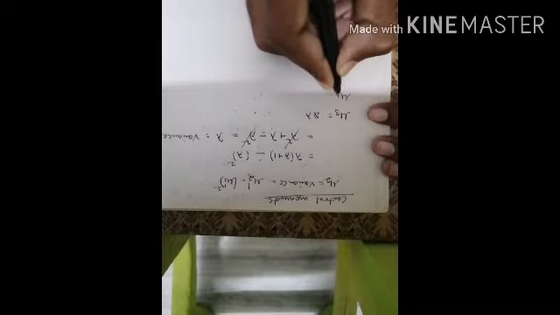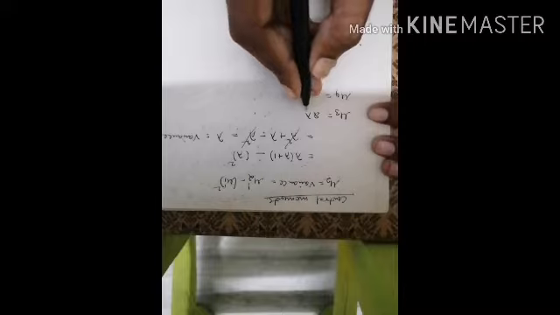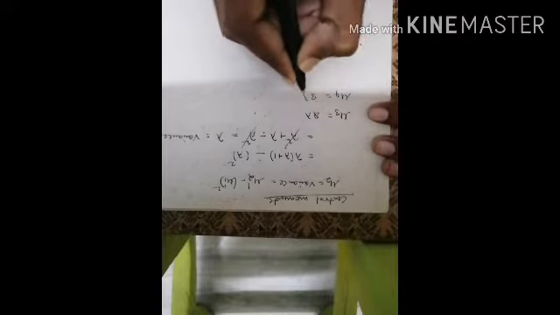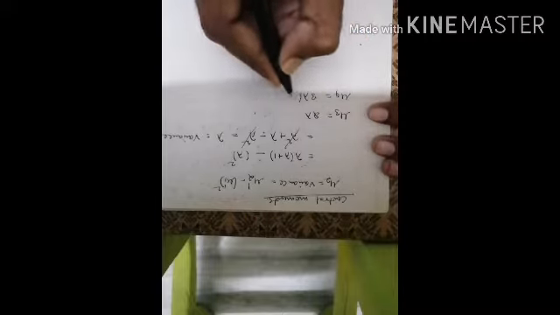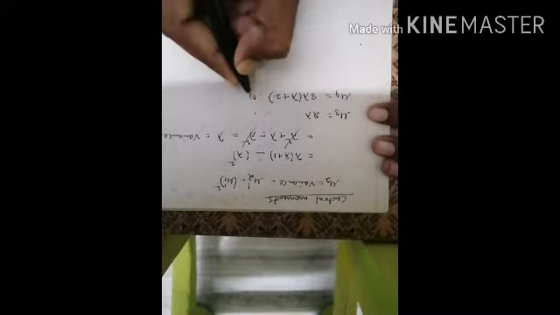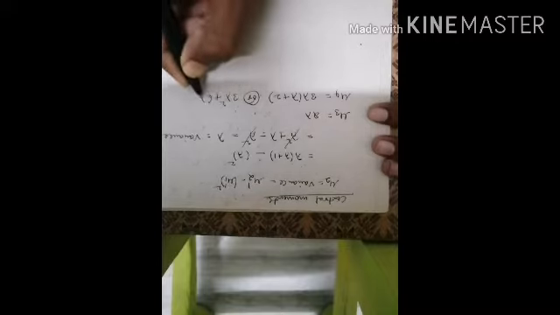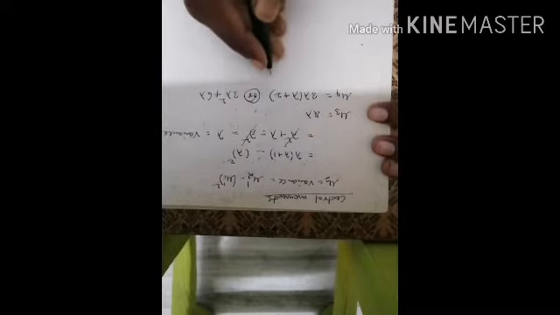And mu 4, the fourth central moment is, you are getting 3 lambda of lambda plus 2, or 3 lambda square plus 6 lambda. You are getting mu 3 and mu 4.